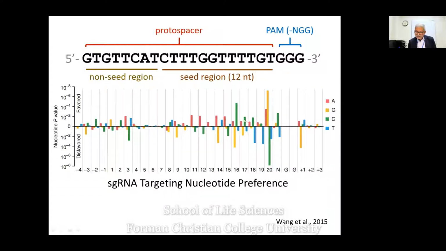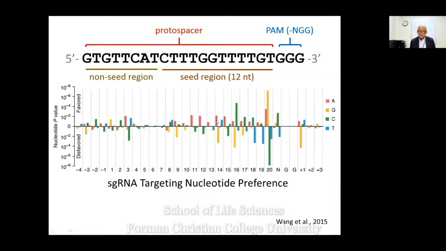Similarly, a C at position 17 is more preferable and a G at position 17 is disfavorable. Some other cases are also there. In case of nucleotide number 14 of the Proto-Spacer, it should not be G. It should be preferably A.